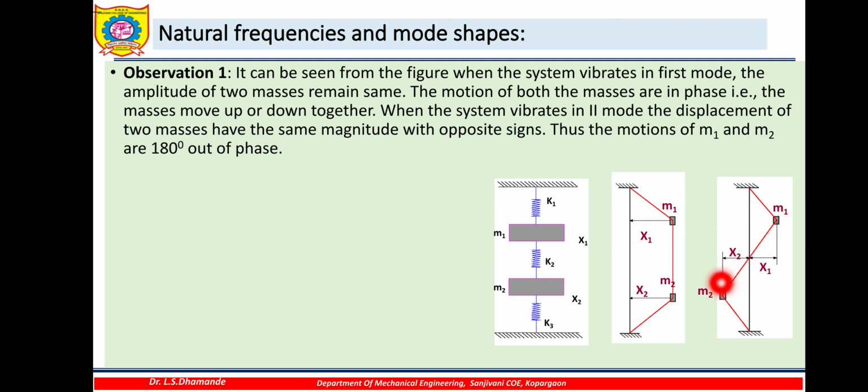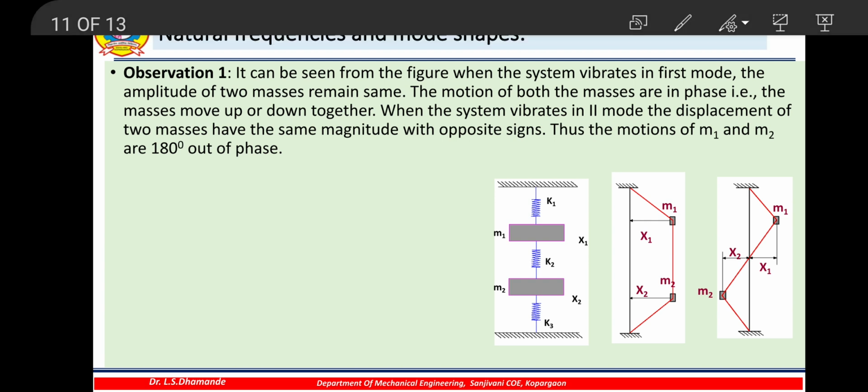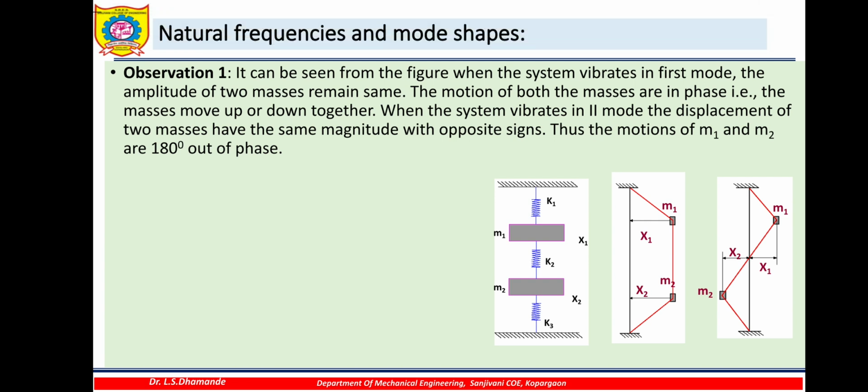Exactly opposite vibrations are there, and in the first mode it is the same. If both masses are moving up or both moving down, it is the first mode of vibration. And if they are moving opposite, one moving up and another down, it is the second mode of vibration.